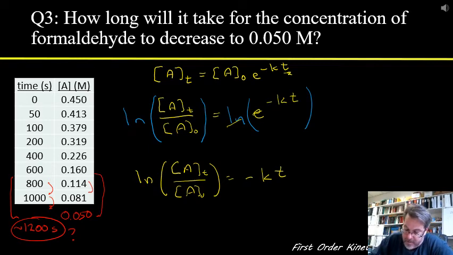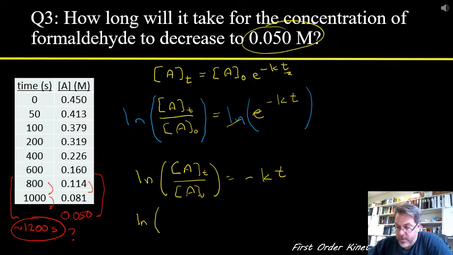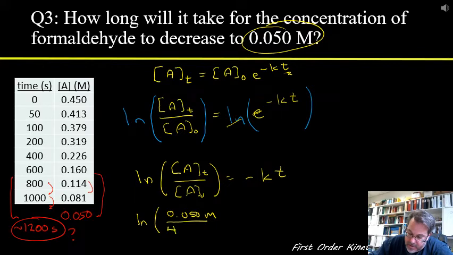Okay. And in this particular case, we don't know what T is, but we know that the concentration at time T is going to be 0.050 molar, and our initial concentration, 0.450 molar.